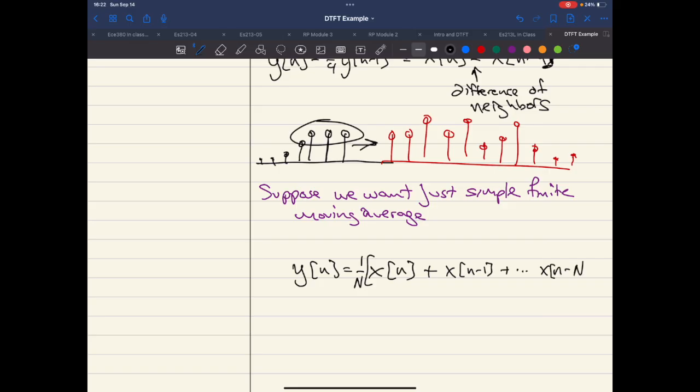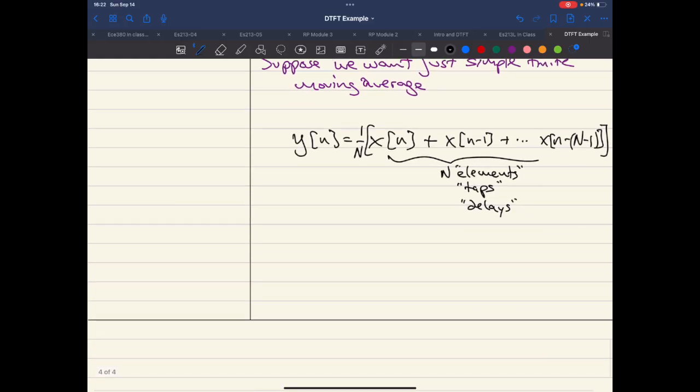We could do n minus 1 to normalize this real nicely. That way we have n elements, or n delays, n taps. Lots of ways to think about this. Alrighty.